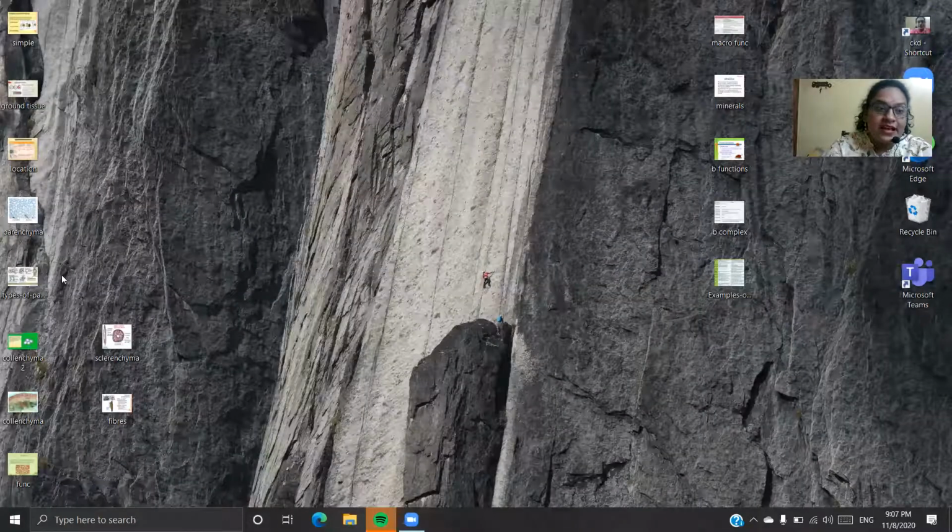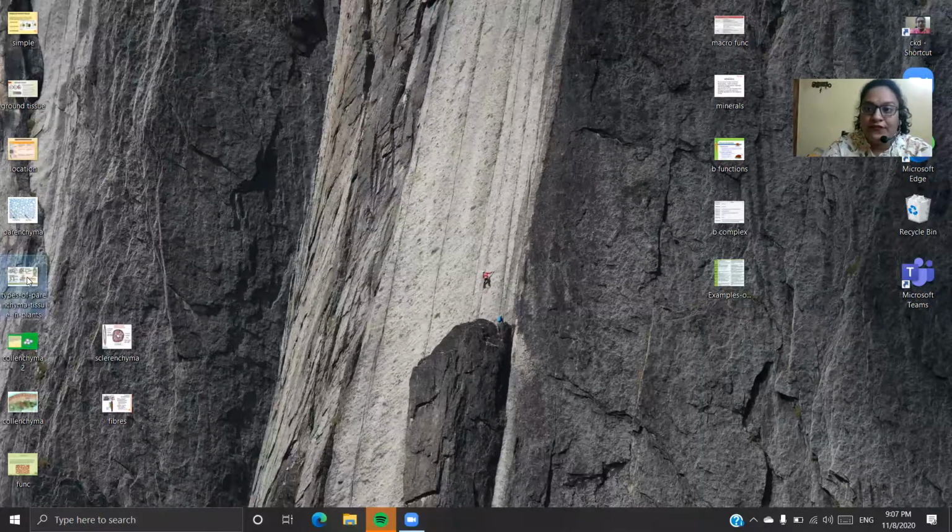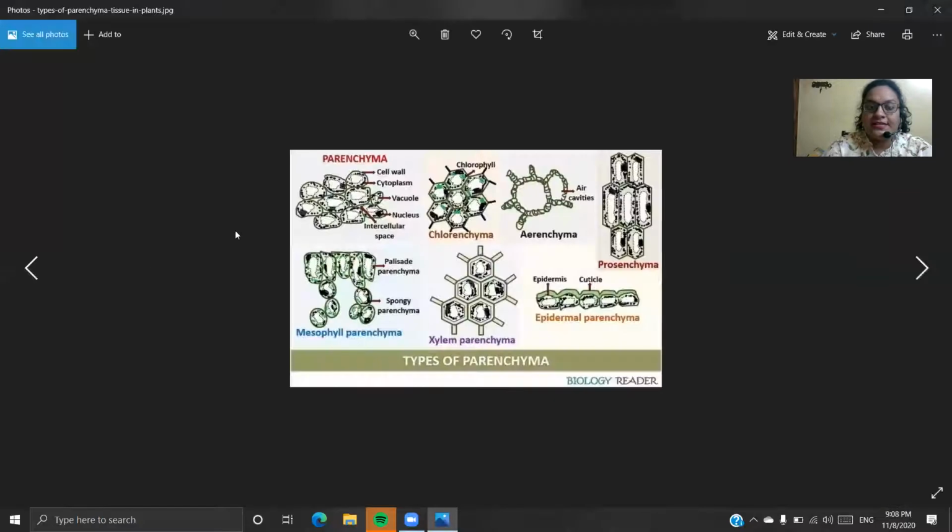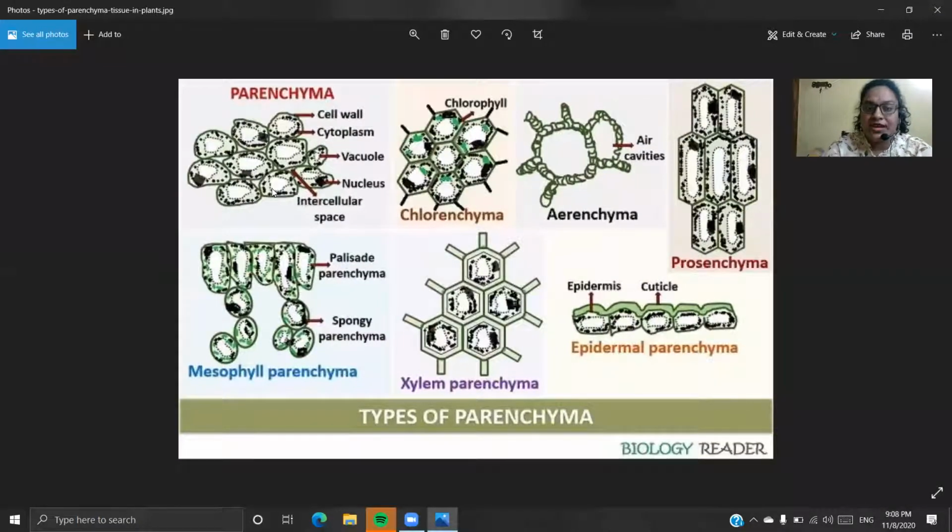And these parenchymatic cells have different functionalities, and sometimes they may have chlorophyll in them, which makes them chlorenchyma. As I told you, the parenchymatic cells are isodiametric. They may be of different shapes. They have a thin cell wall. They have cytoplasm. They have nuclei, which makes them living cells.